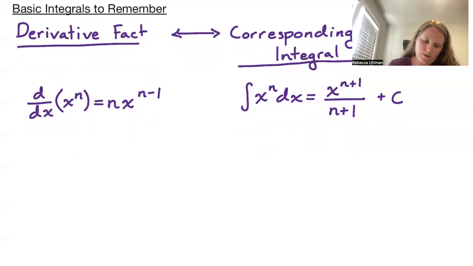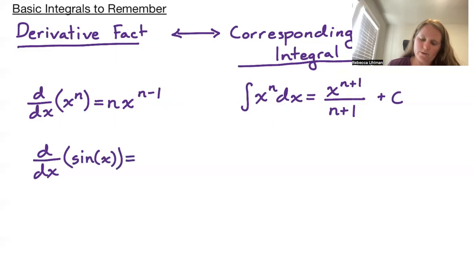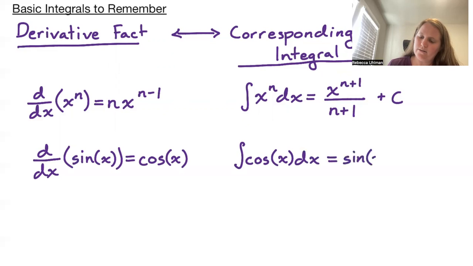Next up, we have our trig derivatives. Derivative of sine of x was cosine of x. So the corresponding integral is the integral of cosine of x dx is sine of x plus c.